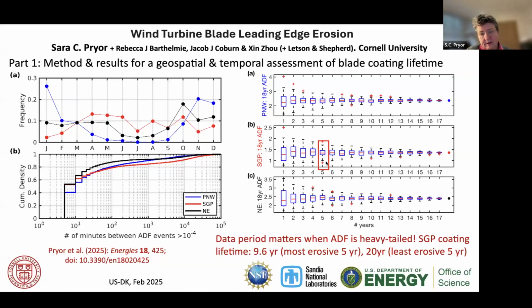Just here for the Southern Great Plains, you can see that if I choose a 5-year period drawn randomly from my data set, the most erosive 5-year period gives me a coating lifetime of less than 10 years. The 5 most quiescent years actually give me a coating lifetime of double that. So this tells us if we want to make robust atlases, we really do need these long time series.